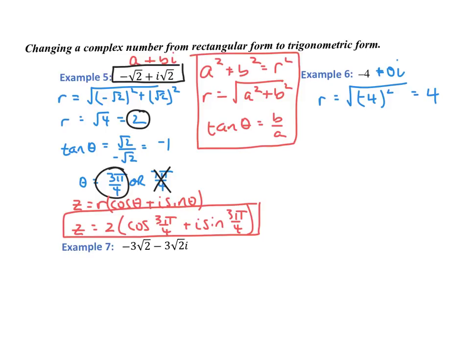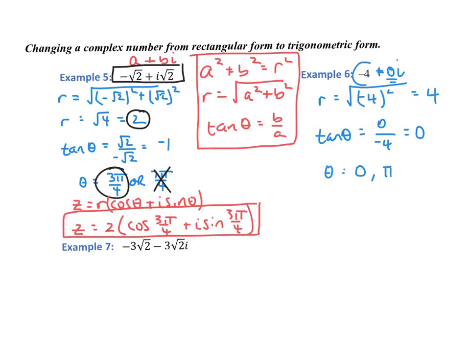Then for theta, tangent of theta is equal to 0, because my b value is 0, divided by negative 4, which is 0. So when is my tangent equal to 0? Well, that's at 2 possible points. Theta can either equal 0 or it can equal pi.